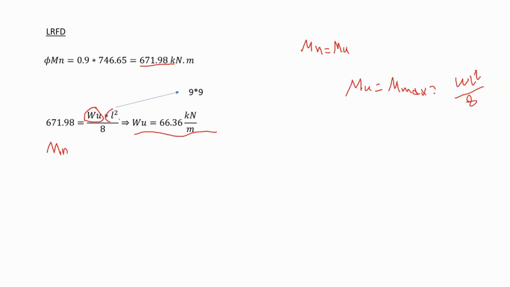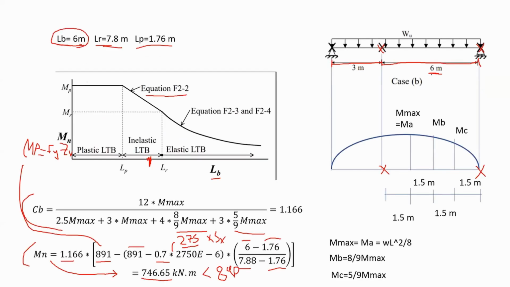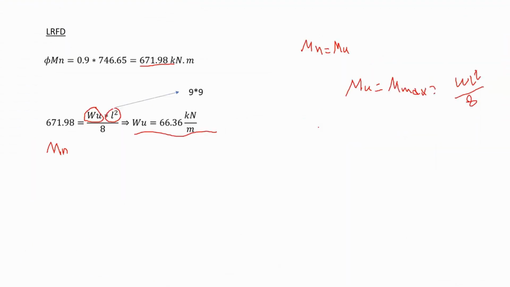In here, we say L squared, you're taking the length of the whole span. You're not going to take LB or LR, you're taking the length of the whole span, 9 meters. Why? Because the distributed load is distributed all over this beam between the supports. Therefore, it is 9 by 9. And you get your maximum distributed load that is allowed to be applied, 66.36 kilonewton per meter.